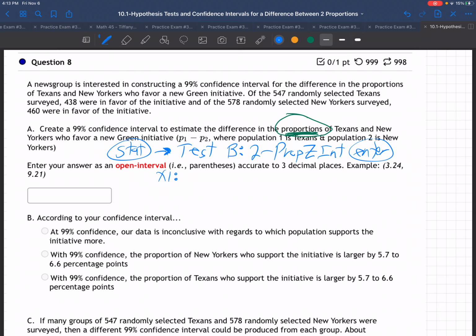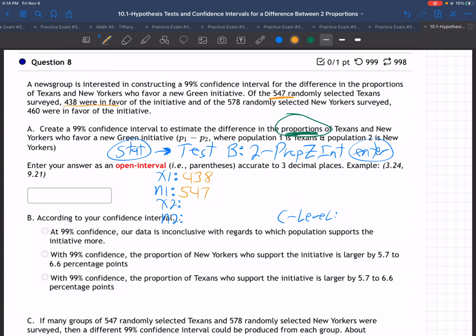When you do, it asks you for x1, n1, x2, n2, and then the C level. So what are those numbers? Well, for the Texans, 547, that's the number of Texans. 438 were in favor.